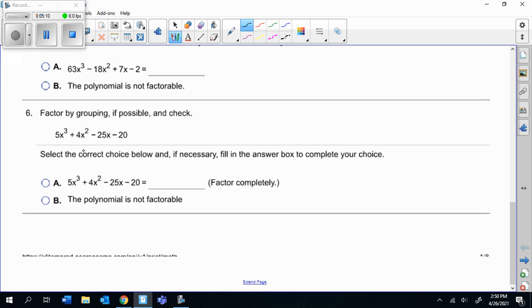Factor by grouping again. All right, so between this first two right here, I can bring x squared out front. I'm left with 5x plus 4. When I look at 25 and 20, oh, and I look at how this is a positive and this is a negative, and so I'm going to have to bring a negative out front right here.